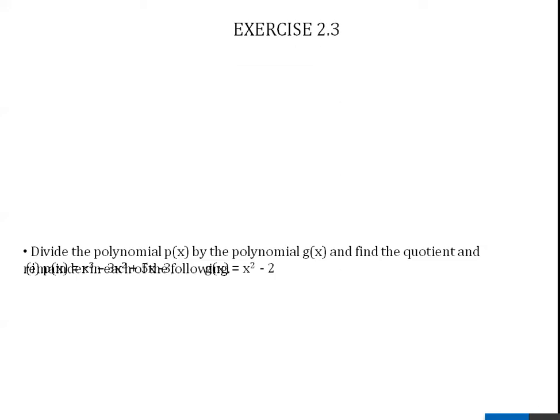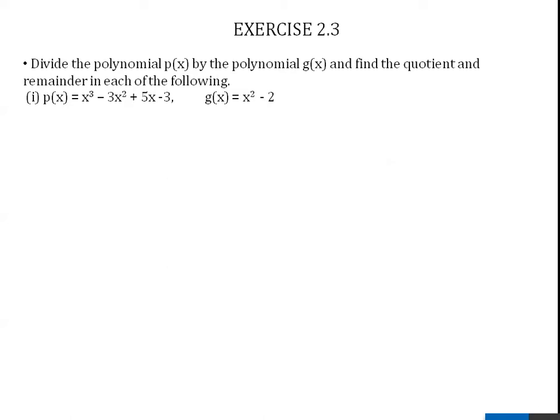Now, let us see some problems from exercise 2.3. The first question. Divide the polynomial p of x by the polynomial g of x and find the quotient and remainder in each of the following. The first question is p of x is equal to x cube minus 3x square plus 5x minus 3.